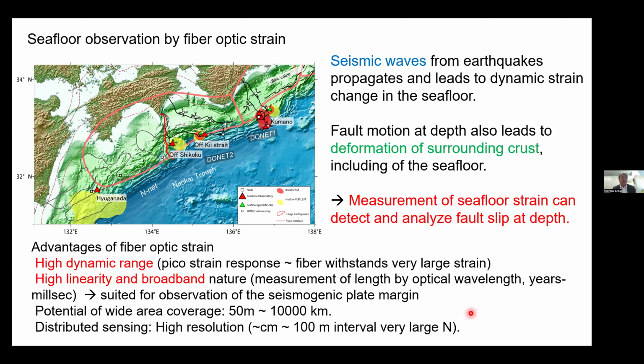These characteristics are very much suited for our observation targets. With distributed optical fiber sensing techniques, we can also expect very wide area coverage up to 10,000 kilometers and high resolution to centimeters, which means that a really large number of measurements are obtained.